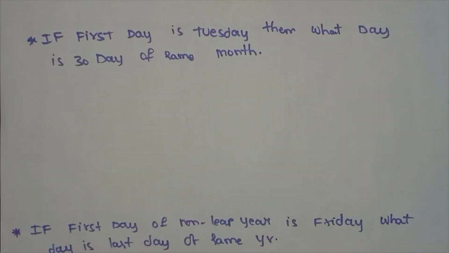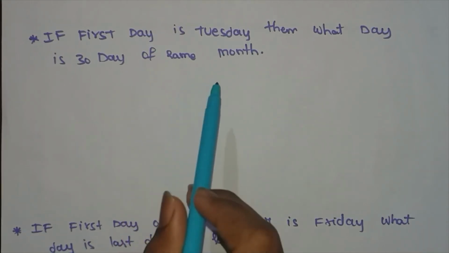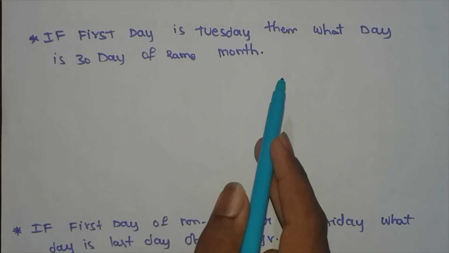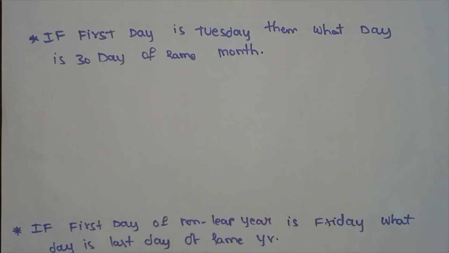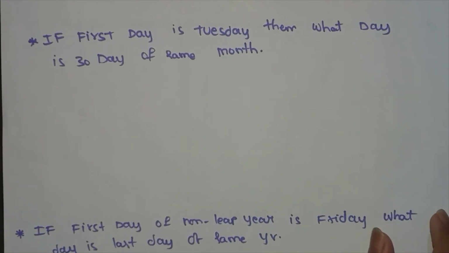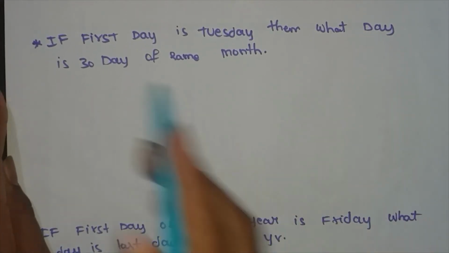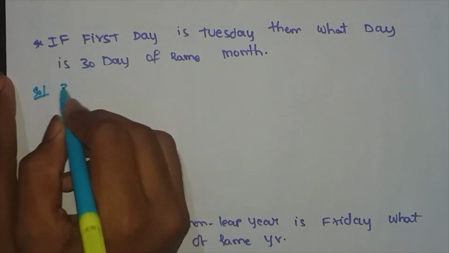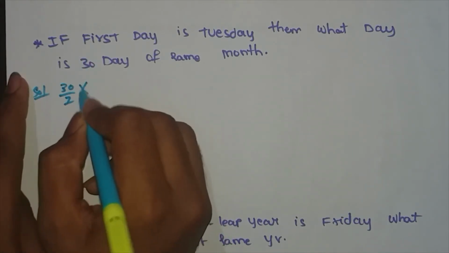So this is the given question. If the first day is Tuesday, then what day is the 30th day of the same month? Read this question carefully because it has a trick in it. The big problem you will face is that the given question has 30 days. So if I find the number of odd days by dividing by 7, it is the wrong method.